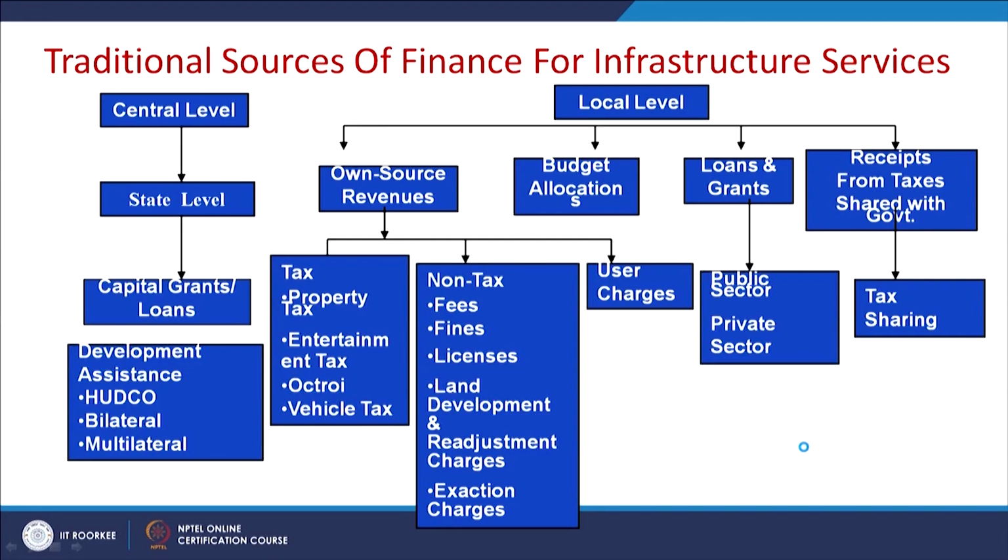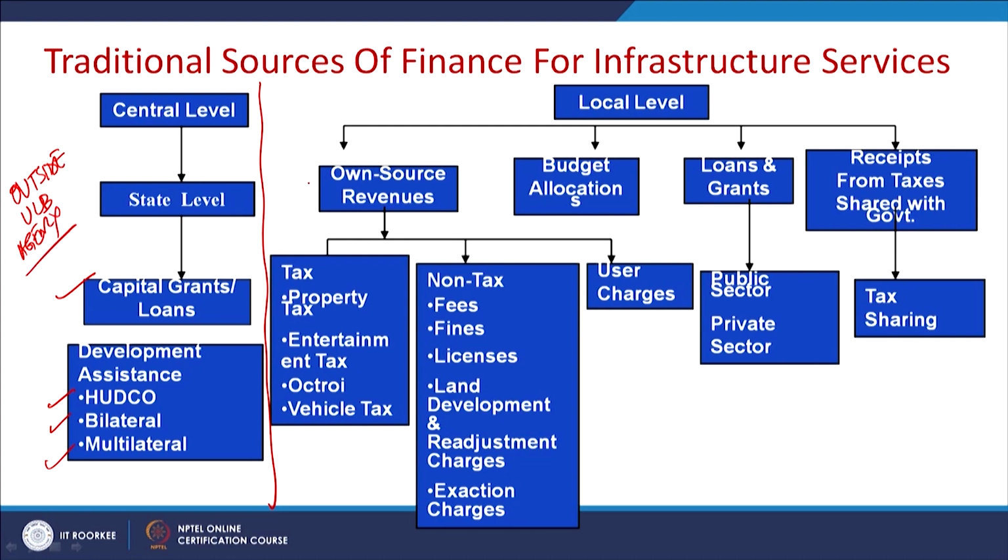From the central government and state government, basically we get capital grants and loans, then development assistance from HUDCO or any other organization, bilateral, multilateral, and whatever we get from outside agencies, outside the ULB. Apart from that, from the local level we have various sources.